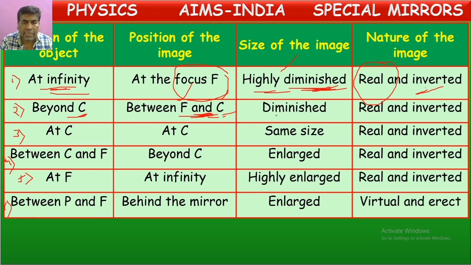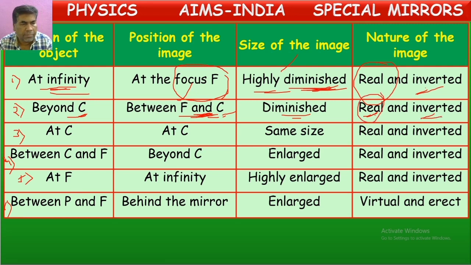What is the nature of the image? The size of the image is increasing. So from highly diminished it became diminished, somewhat larger size compared to the previous case. So what is the nature of the image?